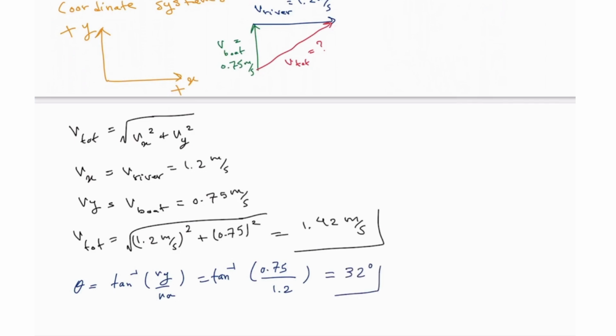Okay, so we found the total velocity and the direction of the boat relative to an observer on the shore.